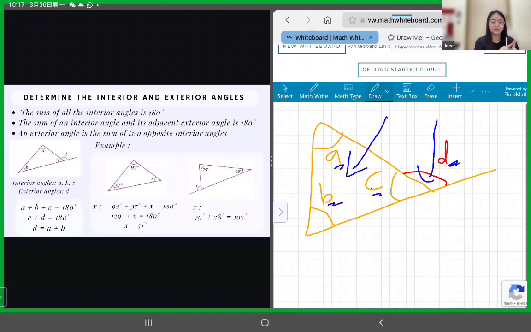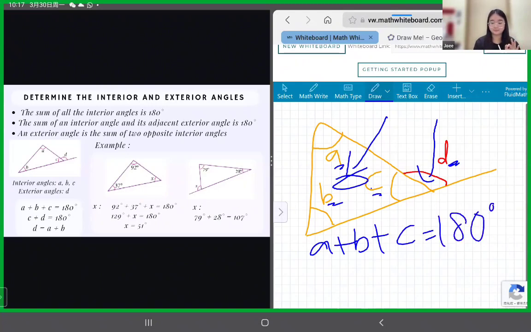First, the sum of all the interior angles is 180 degrees. So A, B, and C, when added together, will become 180 degrees.